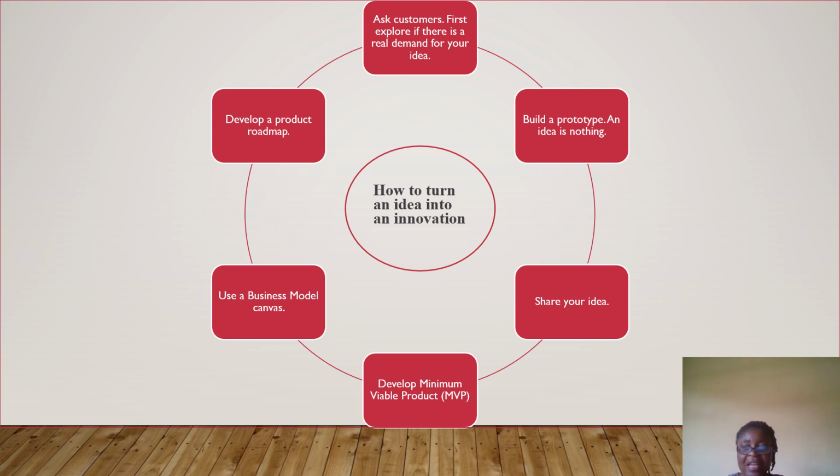But no idea is born perfect. That's one thing you should have at the back of your mind. No idea is without criticism. No idea is without people looking down on it. But don't hide it simply because it is too fragile.